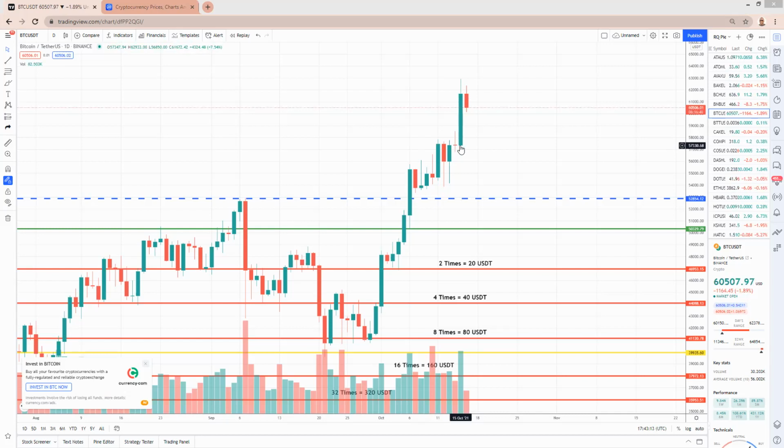Yesterday, the Bitcoin price opened around 57,000 US dollars, but it closed at midnight around 61,000. Today, it opened around 61,000, and then it went up, and then it came down.